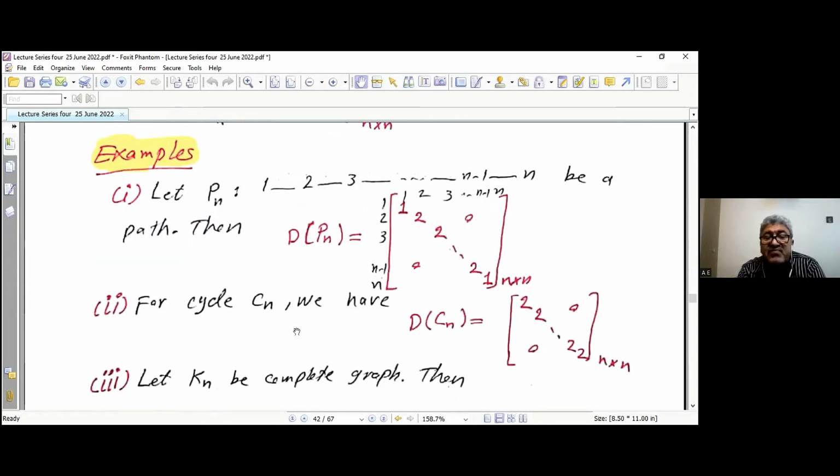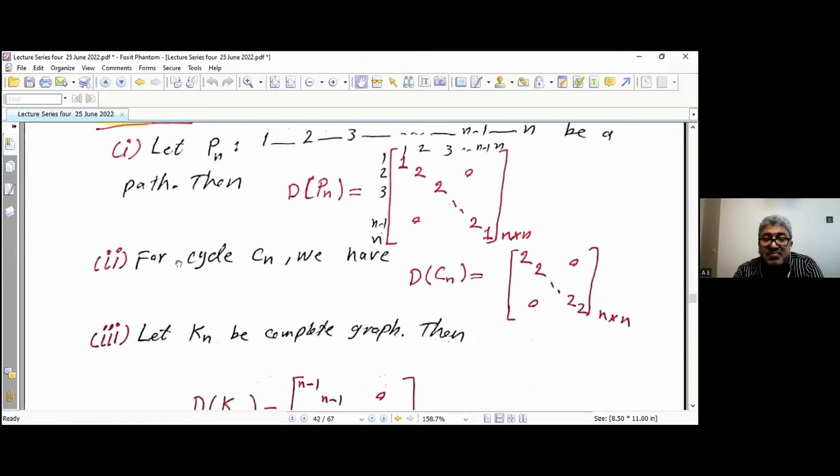For example, for the path Pn, the entries on the diagonal are: the degree of 1 is 1, the degrees of 2, 3, 4 until n minus 1 are all 2, but the degree of n is again 1. So this is the degree matrix of a path Pn.